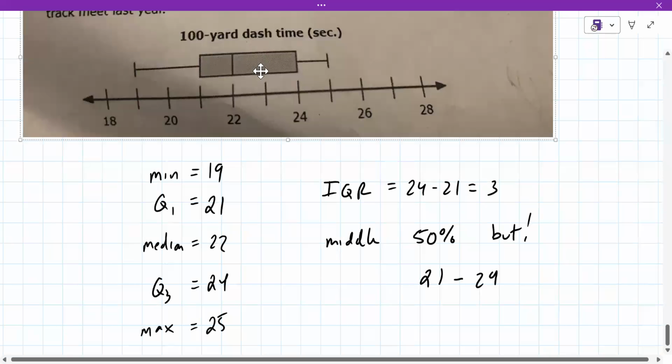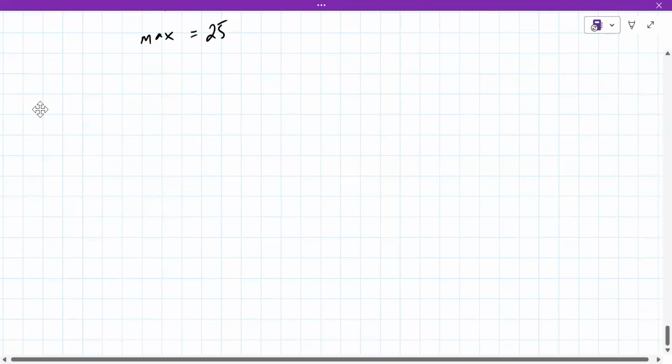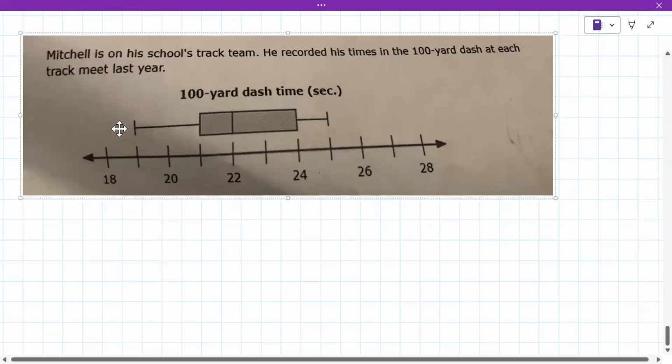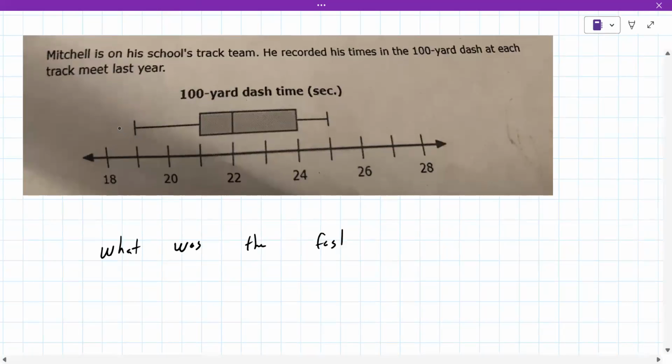Now, sometimes they ask questions that are not trick questions, but with time it's sometimes counterintuitive when we're used to certain things. If it asked, what was the fastest time?